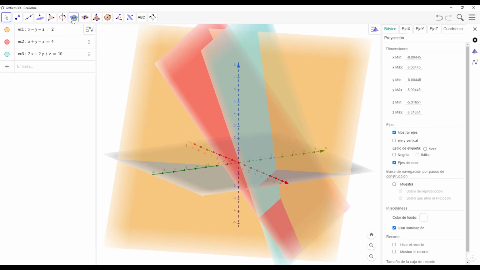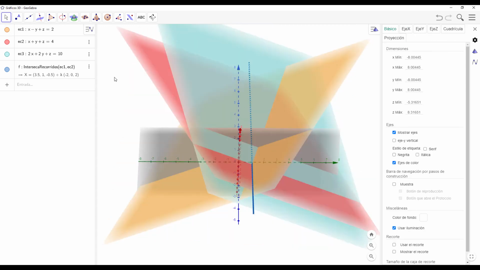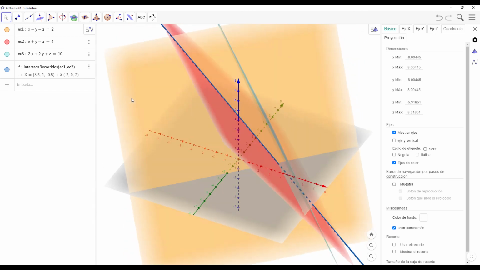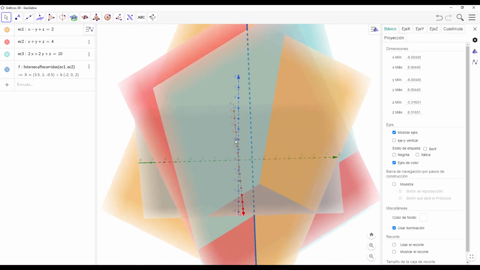For example, here we have the intersection of planes. I will select that and that, and one line appears. The intersection of 2 planes is a line.